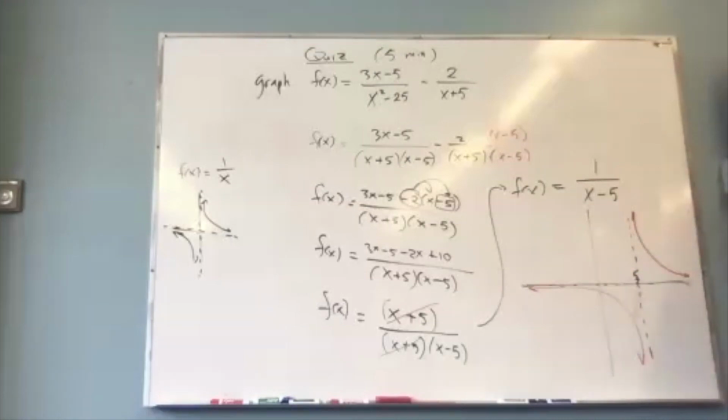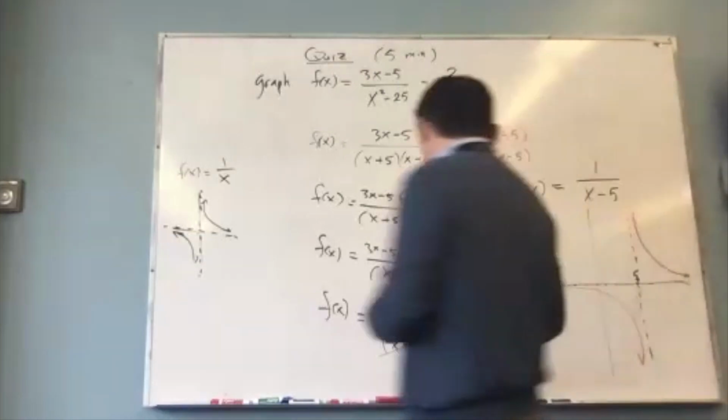Now, before I hand this off as my final answer, I had something to consider. Who can tell me what I should have considered even before I got to this place? Yeah, Ali? That's right, x plus 5.